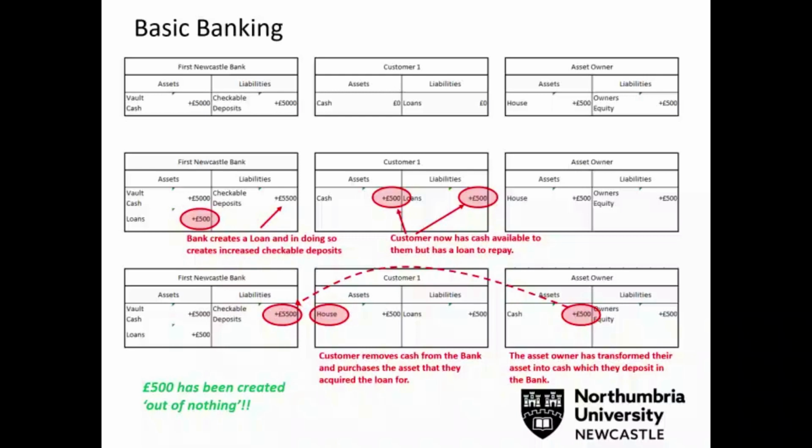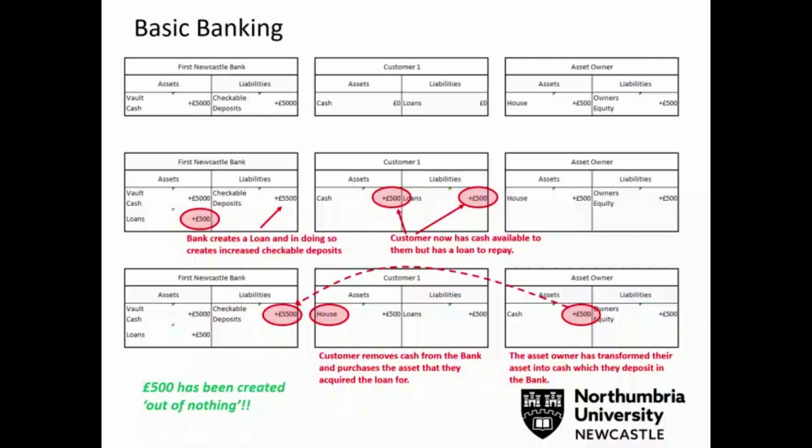So the customer has a liability, a £500 loan, but the customer now also has an asset, which is cash, because the bank has created £500 as a number on the asset side, and it's assigned £500 cash to the customer, but as you know, the customer needs to pay that back, so it's also a liability. So the customer now has £500 cash in his bank account, but also has a loan assigned to him that he has to pay back.